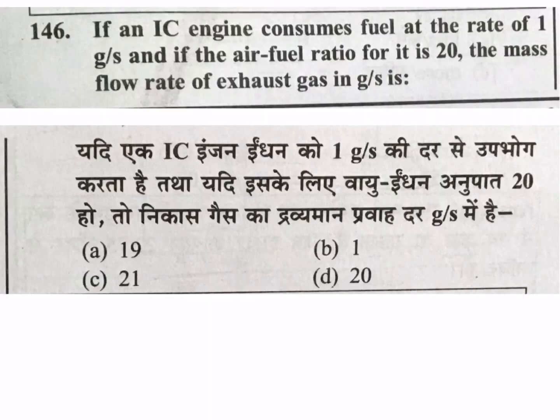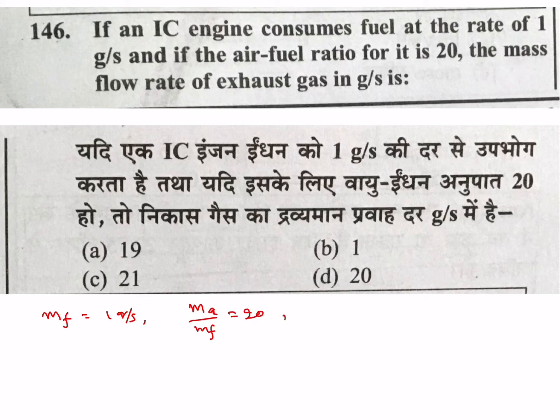Next question: if an IC engine consumes fuel at the rate of, so fuel rate is given, MF value given, air fuel ratio given is 20, the mass flow rate of exhaust gas in gram per second. So gram per second we have to calculate. MF is mass of fuel. How much is it given? 1 gram per second. Air fuel ratio, mass of air by mass of fuel equal to 20.